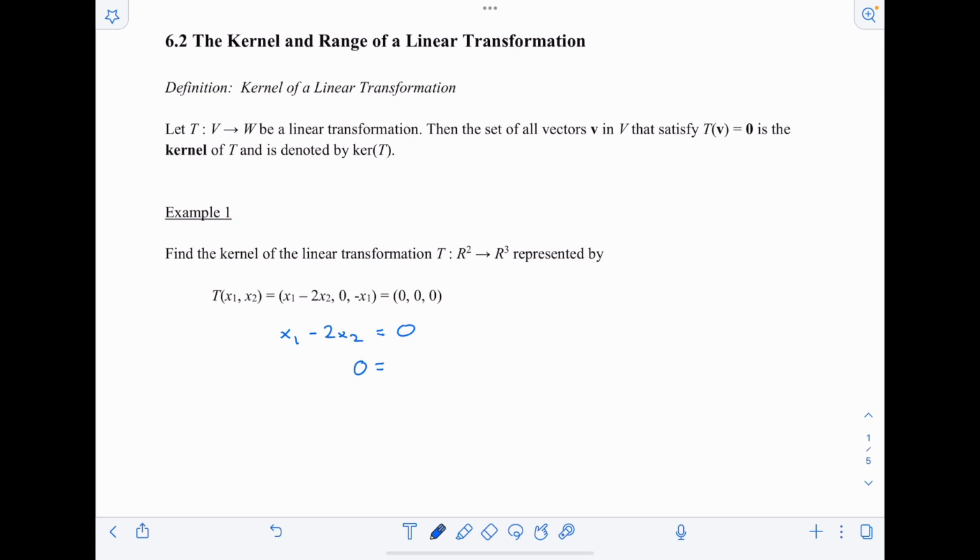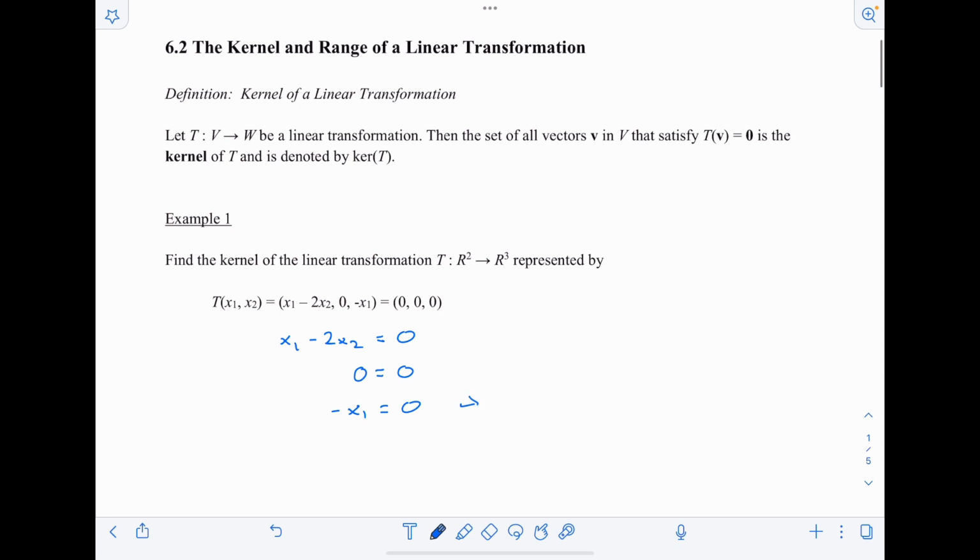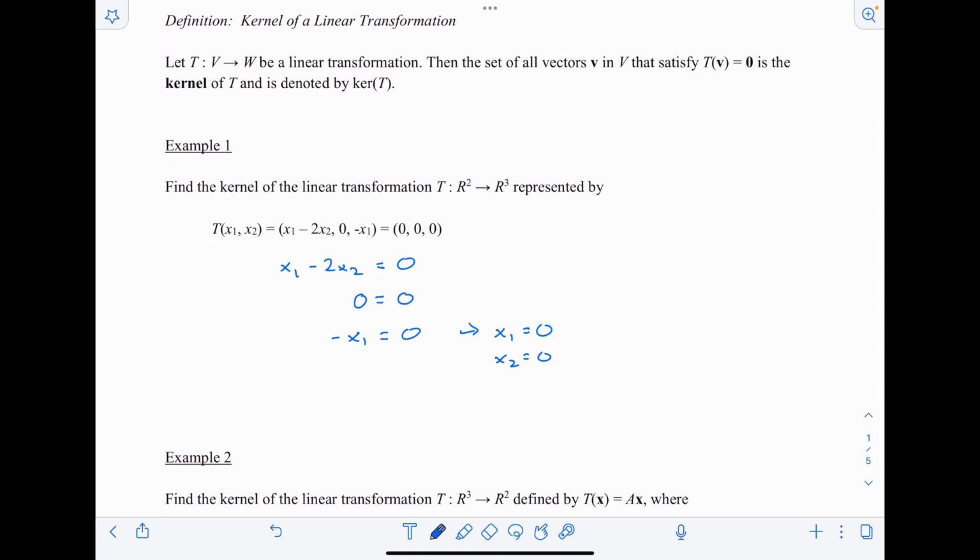Obviously, 0 equals 0 for the next one, and then negative x1 equals 0. So x1 is 0, and going up to the first equation, x2 must also be 0. So the only vector that maps to 0 in W is the vector 0, 0. So the kernel of T in this case is the vector 0, 0.